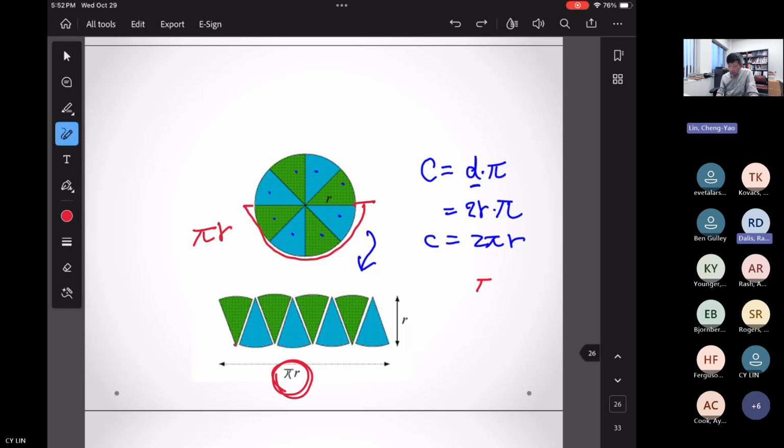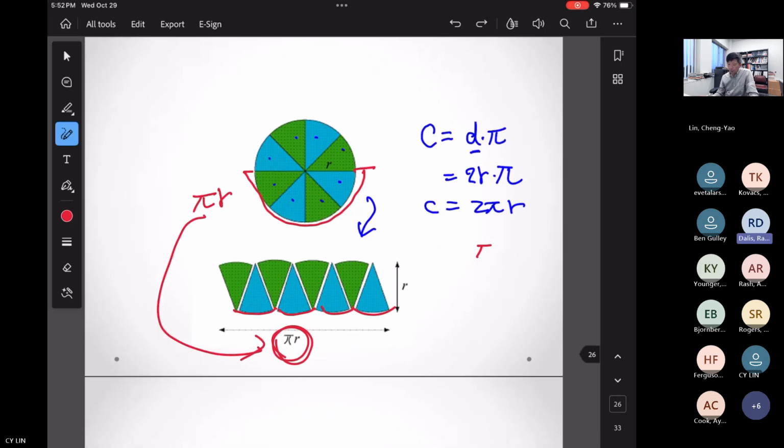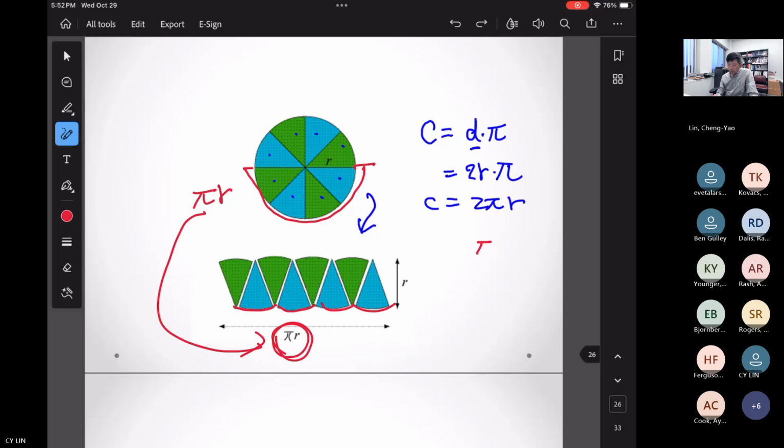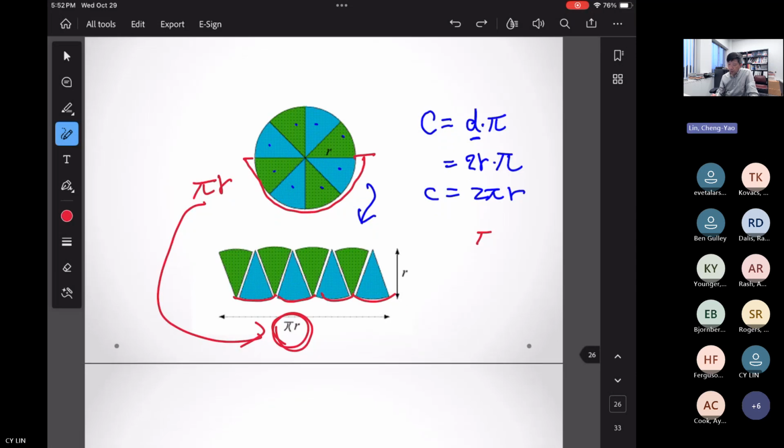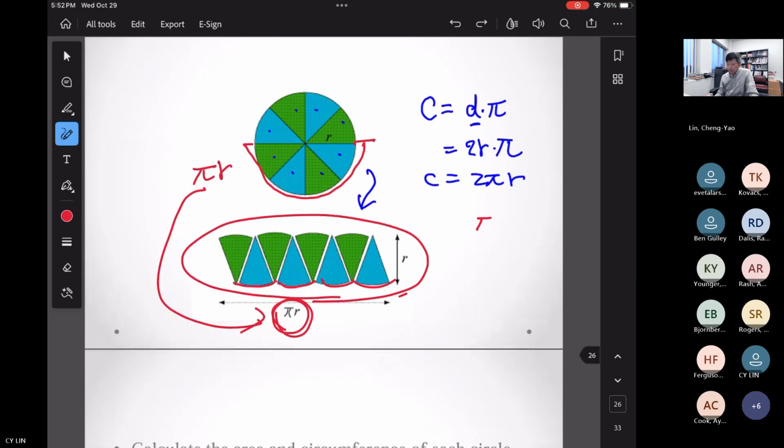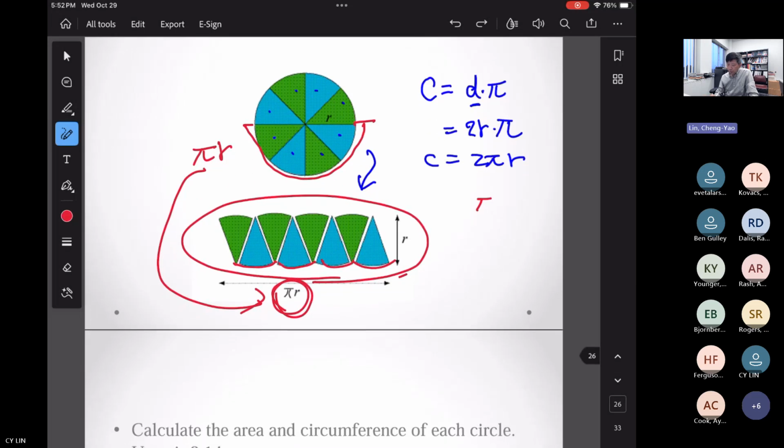This is because it is a half, 1, 2, 3, 4, not 8 pieces. That's why we have a pi r. Are you with me for this? And this is pretty much similar to this parallelogram. Is that right?